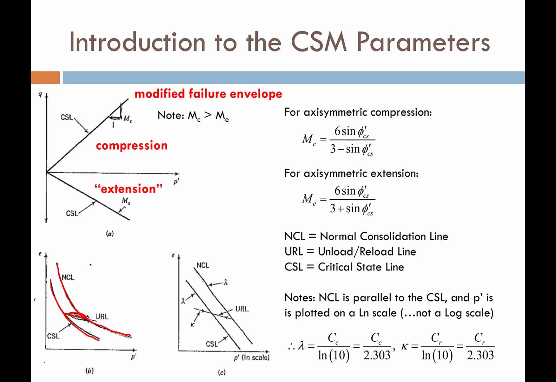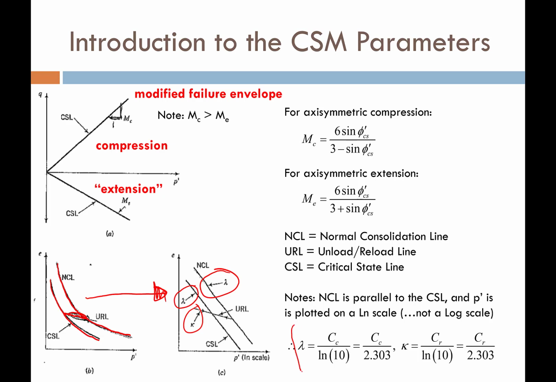Okay, so now if we project from this view over to this view, we have void ratio versus mean stress, but this time mean stress is on a log scale, and our curves straighten out into lines. Now the slopes of these lines we can calculate. The slope of the normal consolidation line is the same as the slope of the critical state line, and we'll call it lambda.